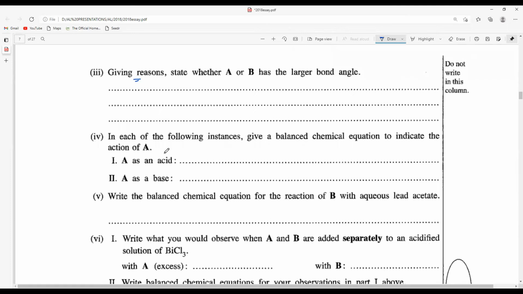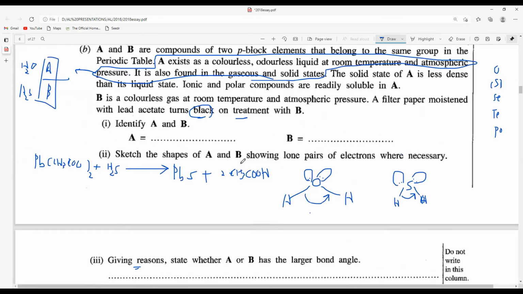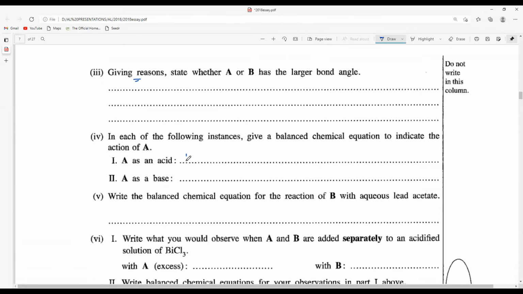In each of the following instances, give a balanced chemical equation to indicate the action of A. So A acts as an acid. So what is A here? So A is water. So think about a place where A acts as an acid. So A reacts with something, and that something will accept this H plus from water.